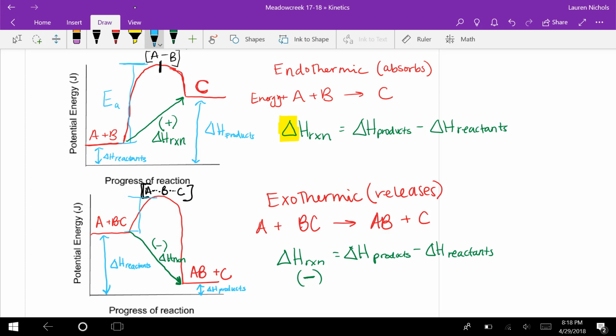And if we were to look at the activation energy, we can see top of the hill down to the reactants, our activation energy in an exothermic reaction is much smaller than an endothermic reaction. And so this is kind of what you want to be aware of with the collision theory and how atoms have to have the activation energy to get over this barrier.